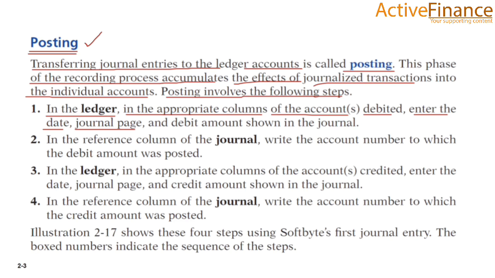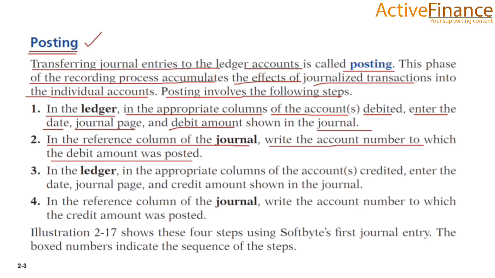At the end we will provide the debit amount, which is shown in the journal. In second, in the reference column of the journal we write the account number to which the debit amount was posted. So we have covered the two steps of posting.